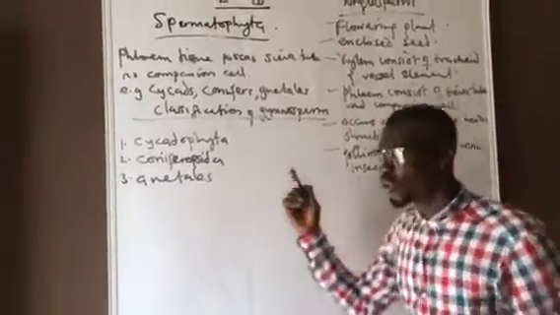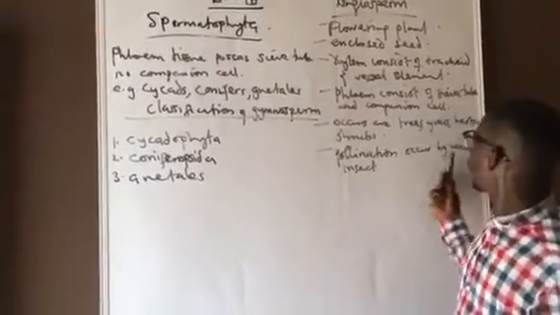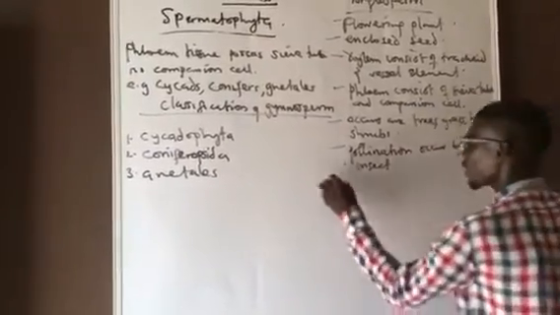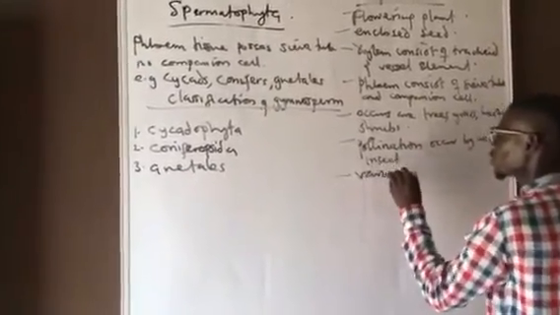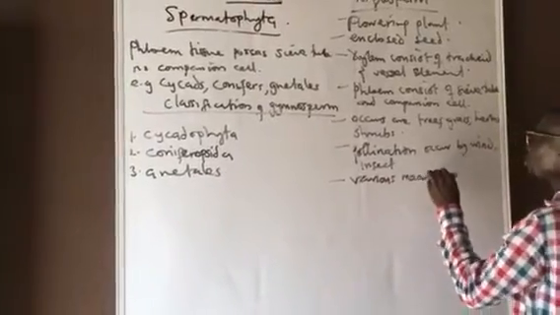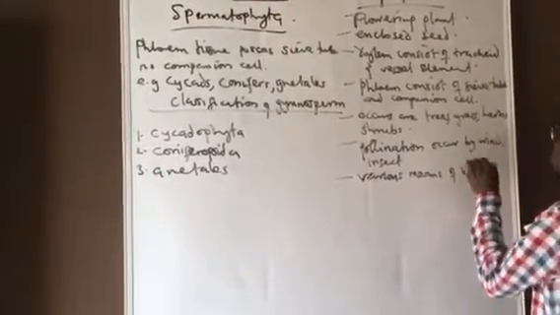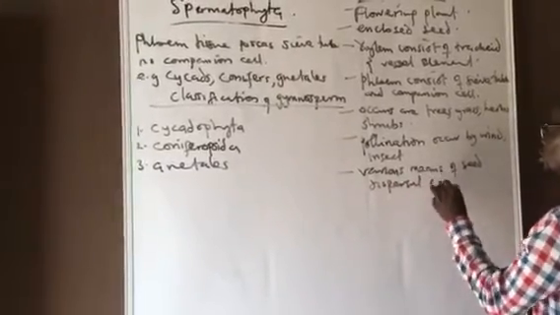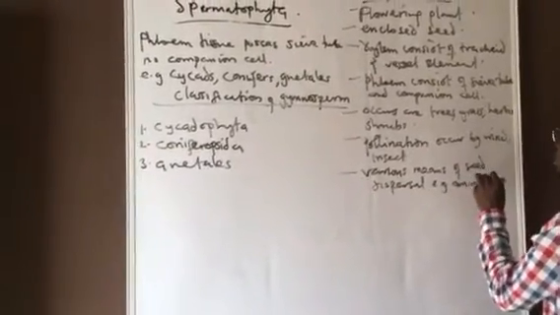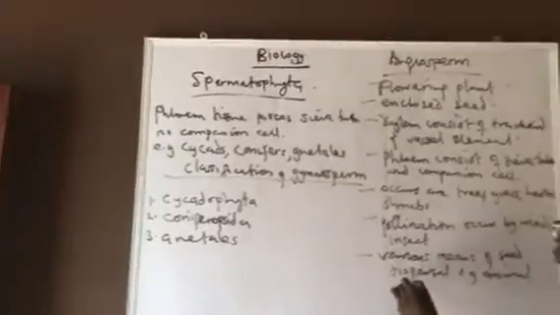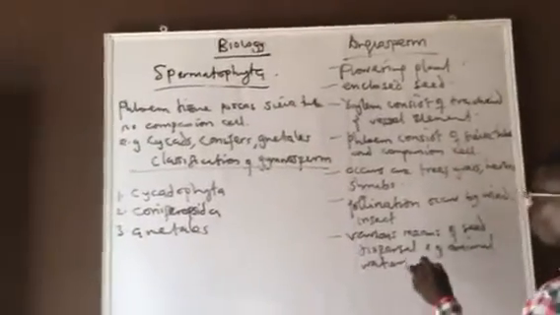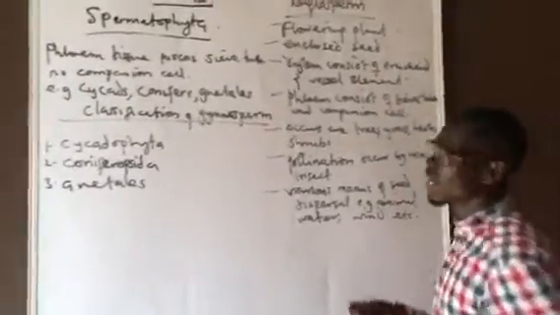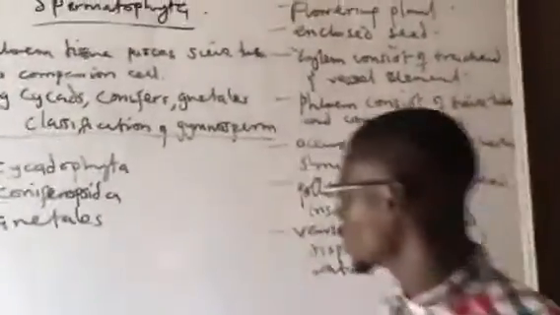Unlike Gymnosperm, where pollination occurs by wind only, they also have various means of seed dispersal, e.g., animals, water, wind, and explosive mechanisms.